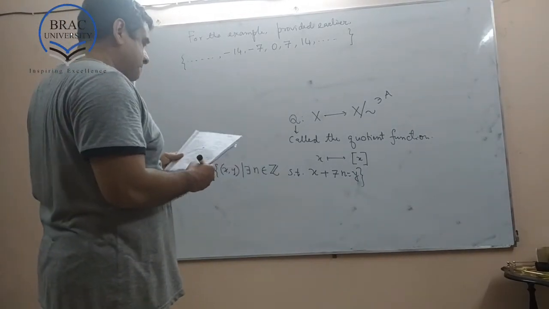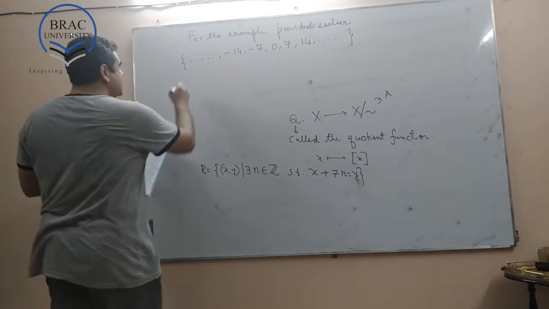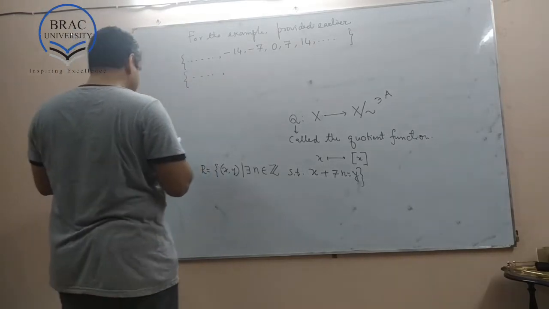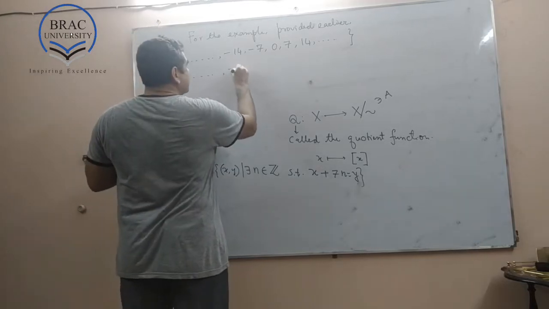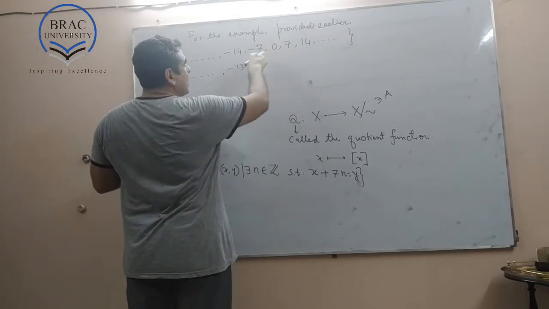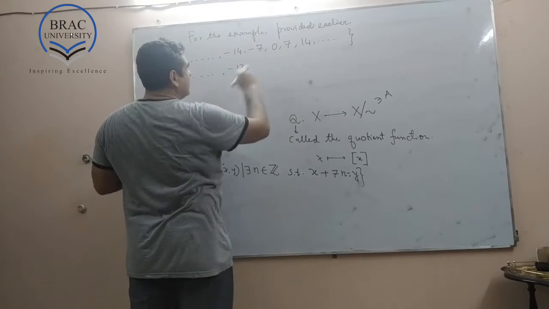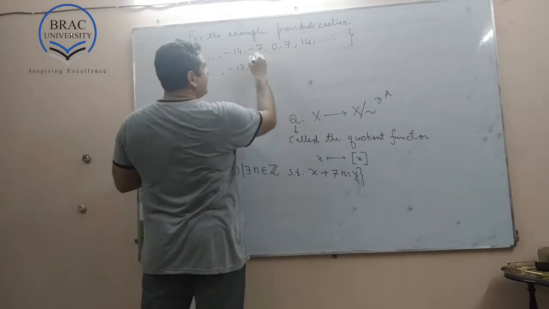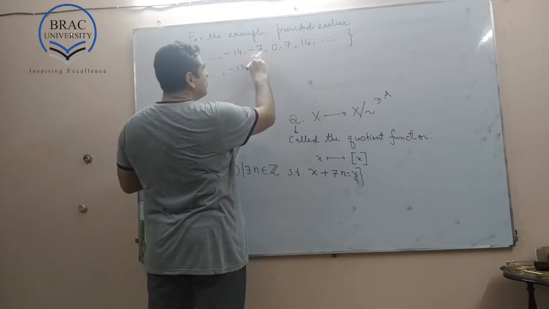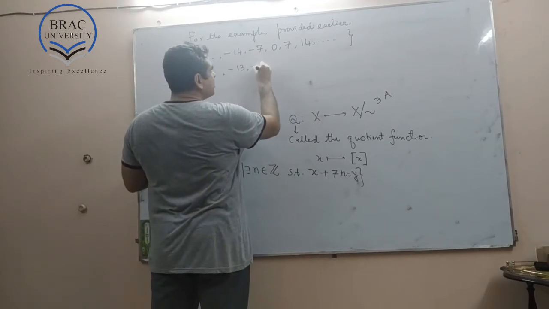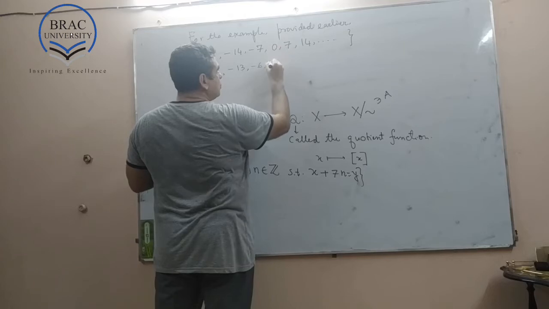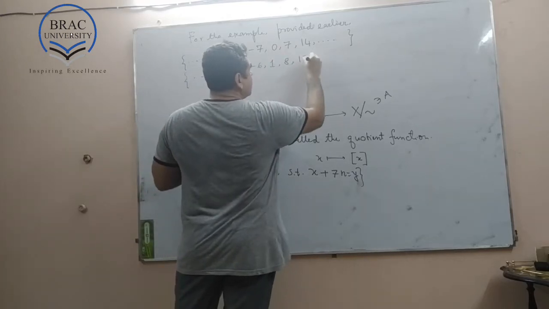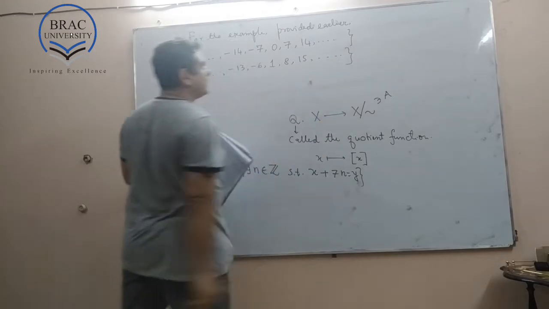All right. Next, take another equivalence class. Just adding 1 to all the elements, we get -13 by adding 1 to -14, then by adding 1 to -7 we get -6, then adding 1 to 0 we get 1, 8, then 15, and it goes on like that.